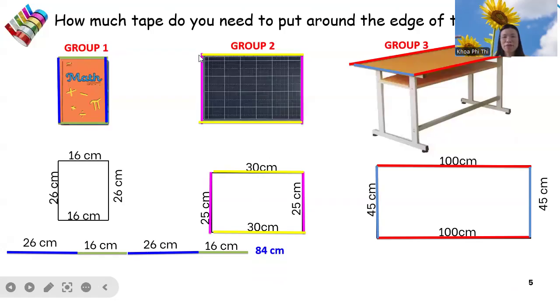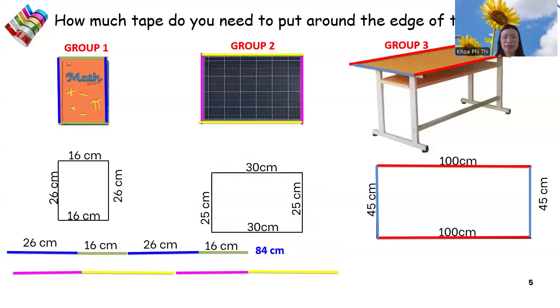Now group 2, what is the length of the tape? Have you found out, to cover around the handboard? Did you do the same way as group 1? Yes, you added them up. So here, the length of the handboard. Let's see together.